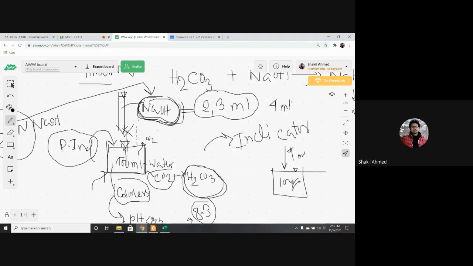If the pink color appears, then your test was correct. If after addition of 4 ml it's still not pink, you need some more, 3 or 4 drops, for example 4.4 ml. That means this is the correct one. Take this value. Is it clear?